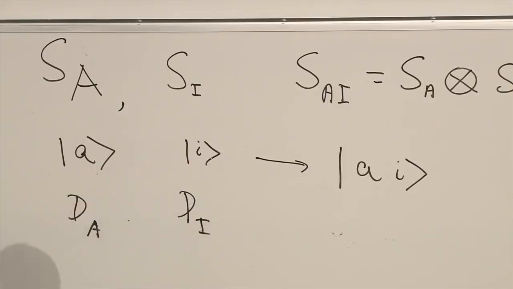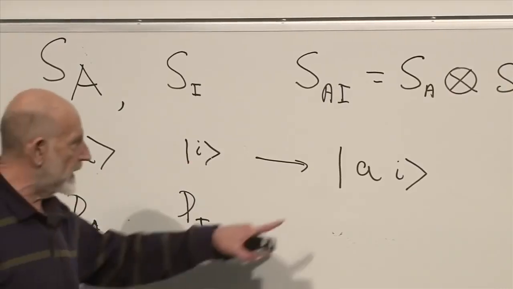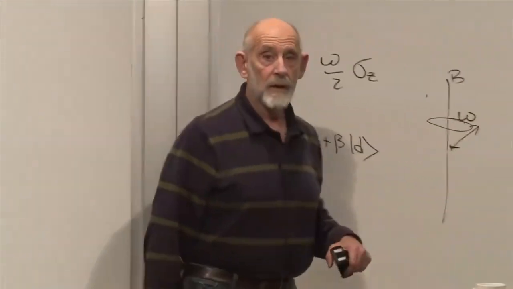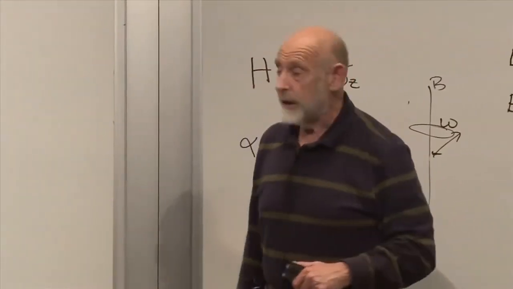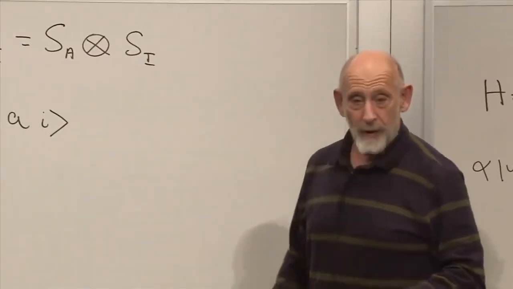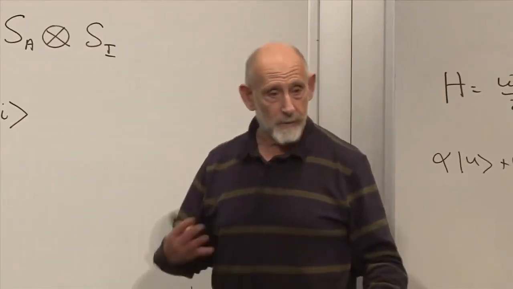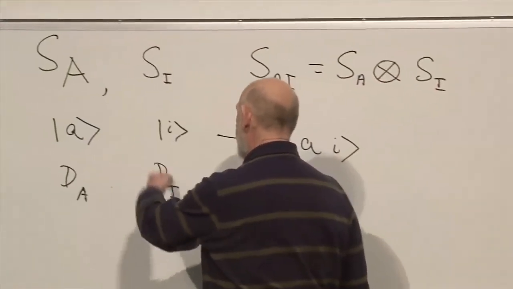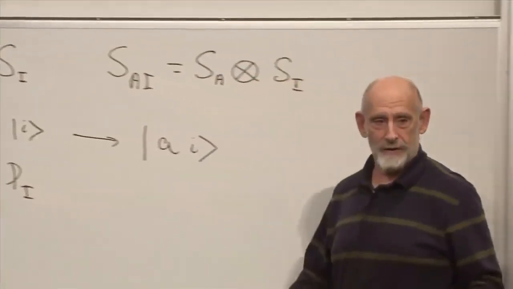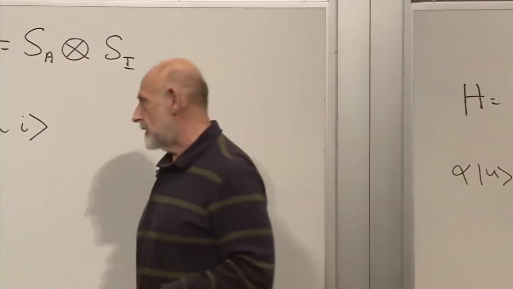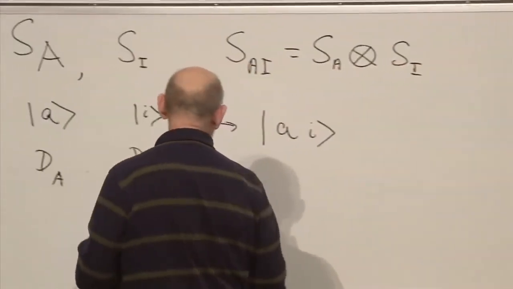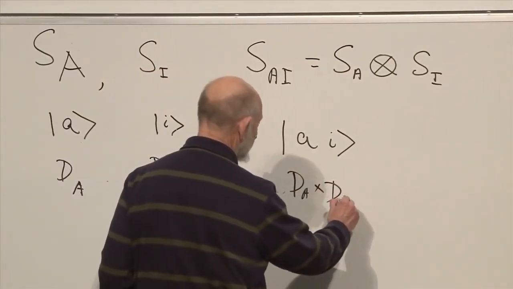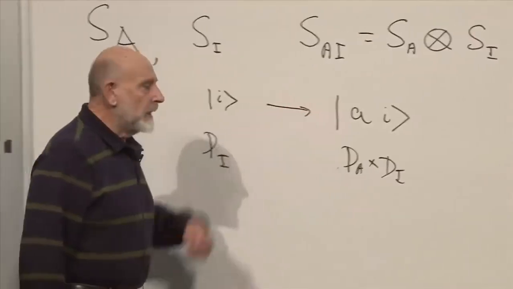Then what's the dimensionality of the tensor product? dA times dI. You get to pick one from A and one from I, like in the Chinese restaurant. Okay? And how many are there altogether? dA times dI. That's why it's called a product, because the dimensionality is a product. So this is dA times dI in dimensionality.